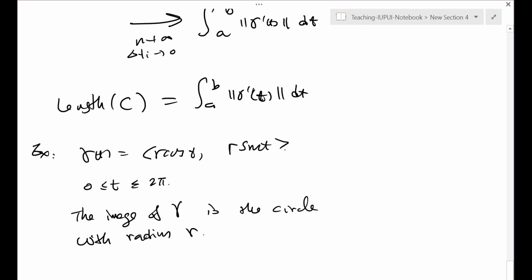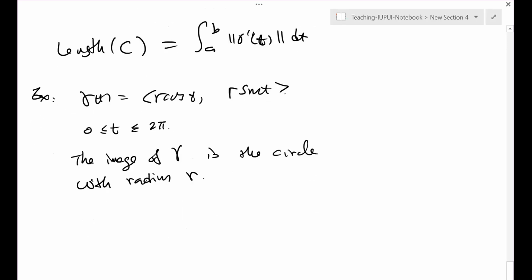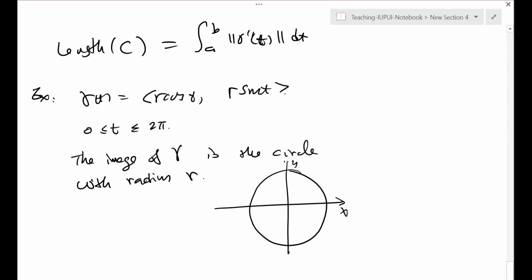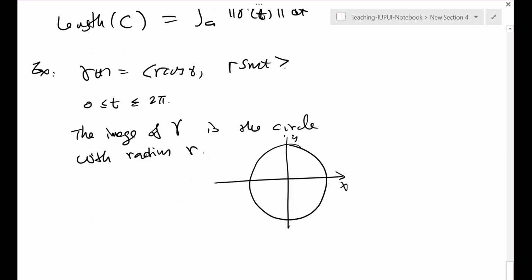Okay, so let's find the length using this parametrization. What is the length of the curve? We can find out. Gamma prime is going to be (negative R sine t, R cosine t).